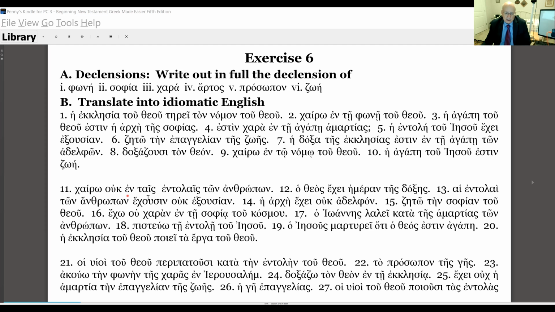What? En tais entolais ton anthropon. Notice en is a preposition that takes the dative case. So entolais is in the dative plural case. En tais entolais means in the commandments. And we have a further explanation, ton anthropon, in the commandments of men.